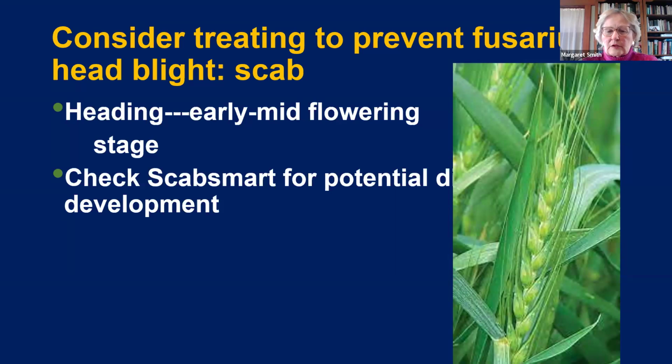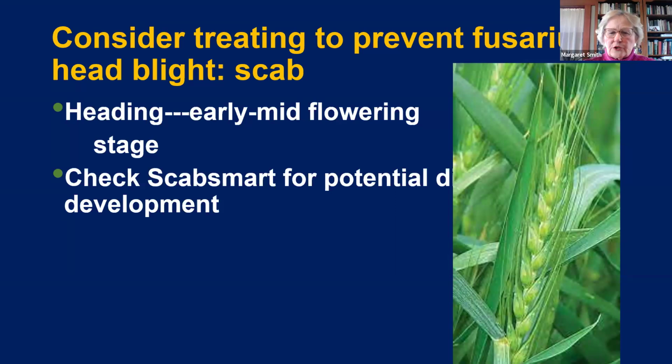In the spike, you've got those spikelets and you've got florets there. When they open to extrude the anthers, that's when they are susceptible to infection by fusarium. Fusarium can be splashed up from the ground surface or it can be blown in, but this is the critical time period.